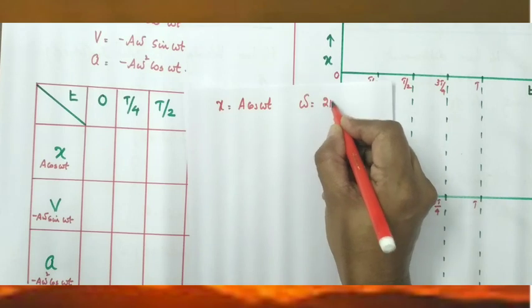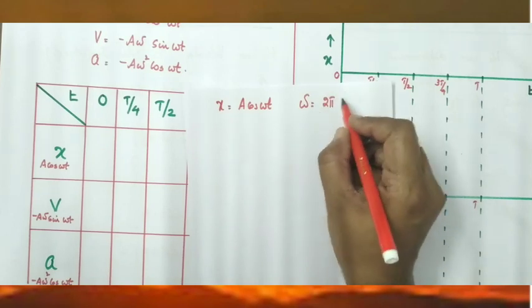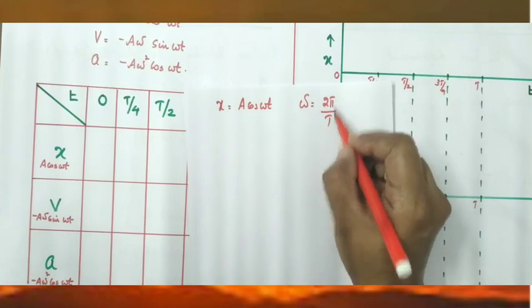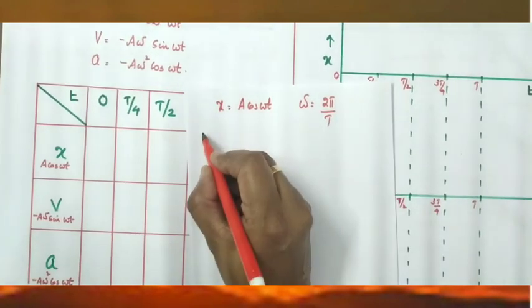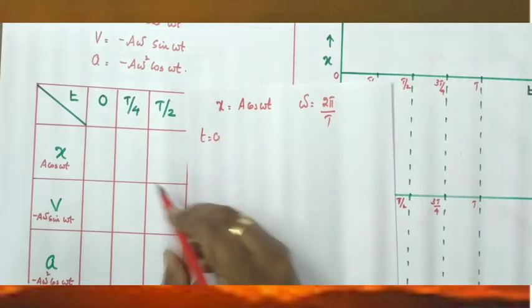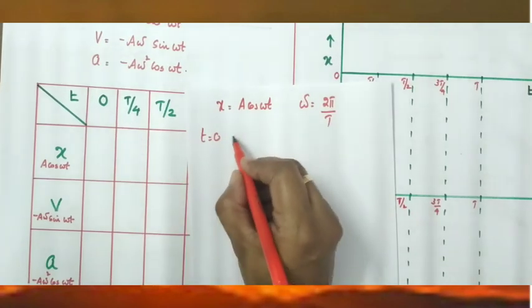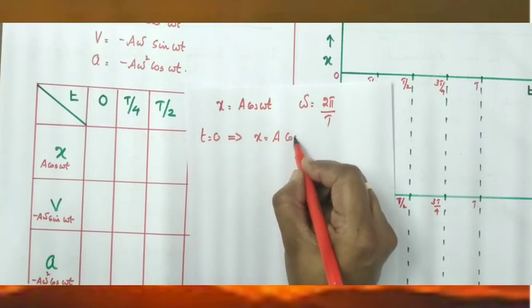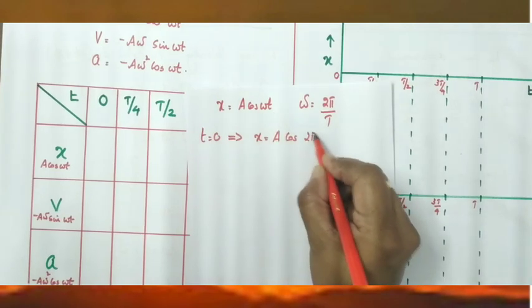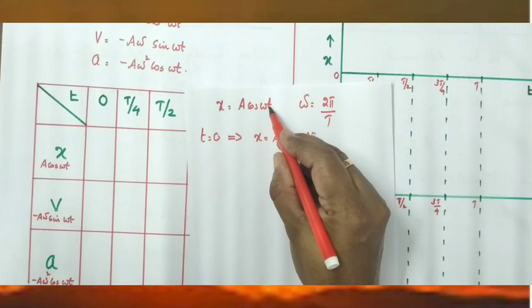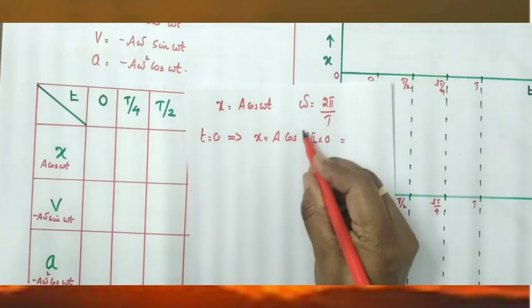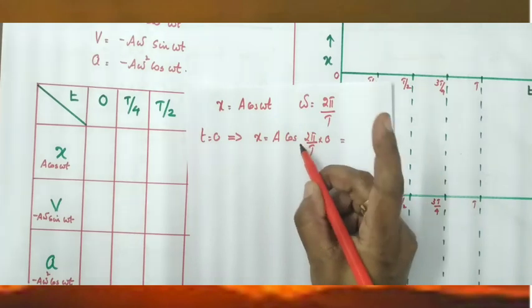Omega is equal to 2 pi nu, 2 pi into frequency, or we can write 2 pi by T. Angular frequency, we know, is 2 pi divided by T. For time t equal to 0, x is equal to A cos(2 pi by T into 0). So what is x? This value becomes 0, cos 0 is 1, so x is A.